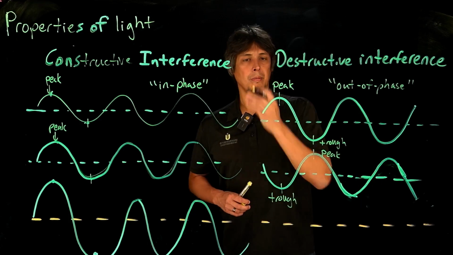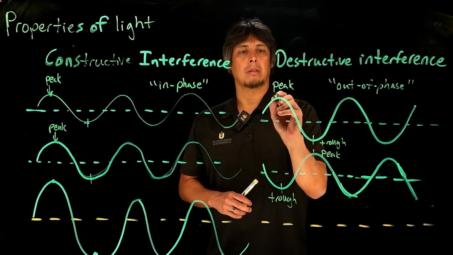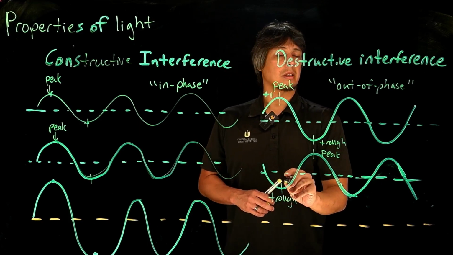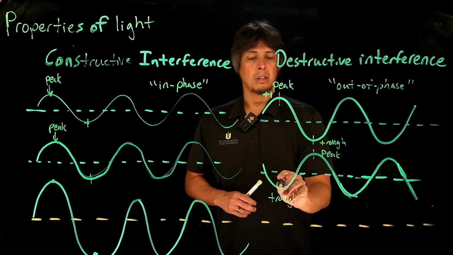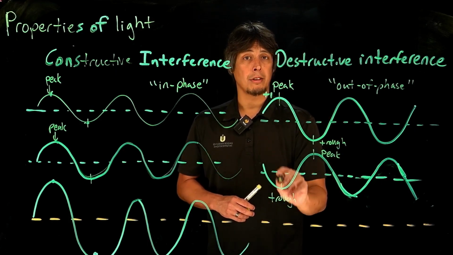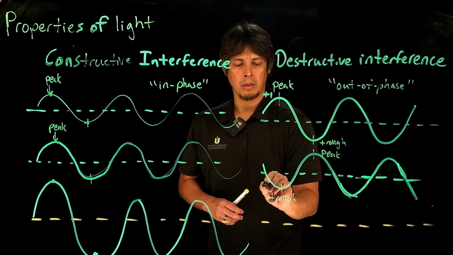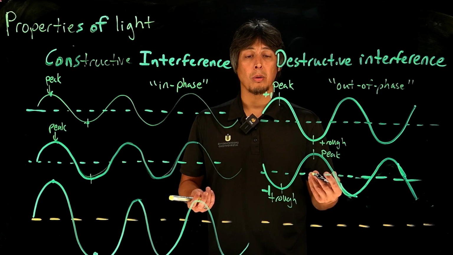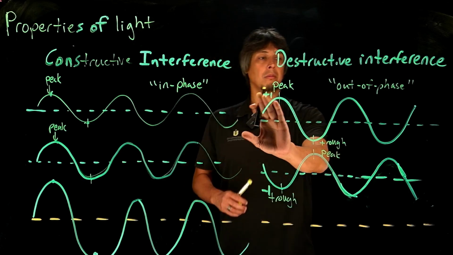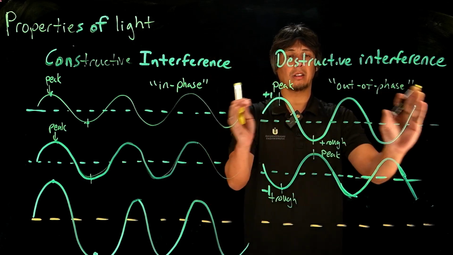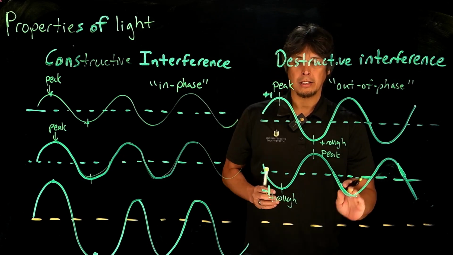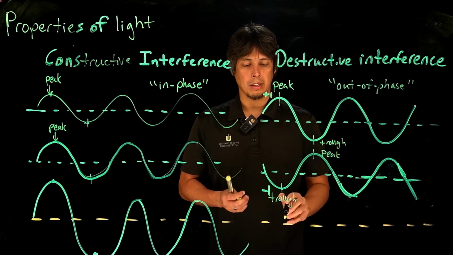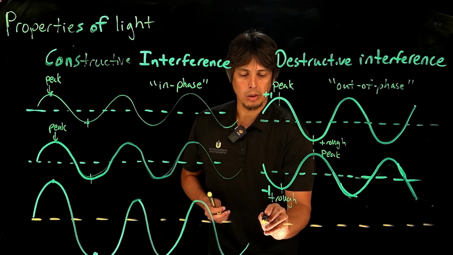If we give this peak an amplitude of +1, which corresponds in position to the trough of the wave on the bottom, which we give an amplitude of -1, when we add those together we're going to get 0. Because these have the same wavelength and are out of phase, when you add those two waves together, you're going to get no wave at all.